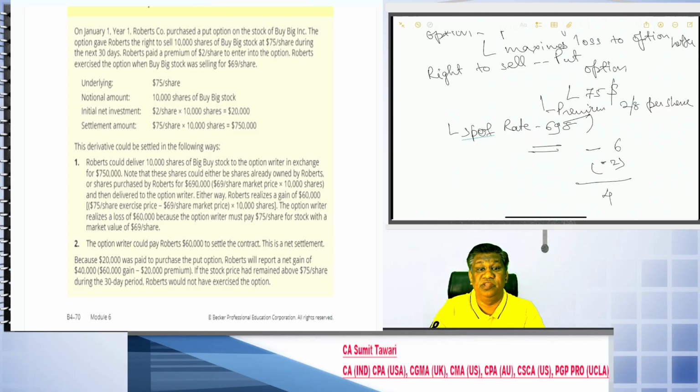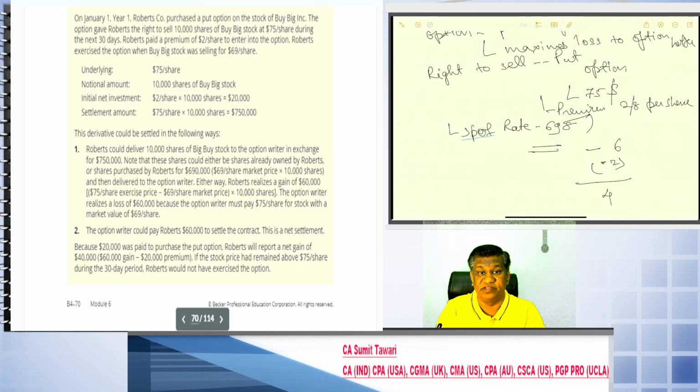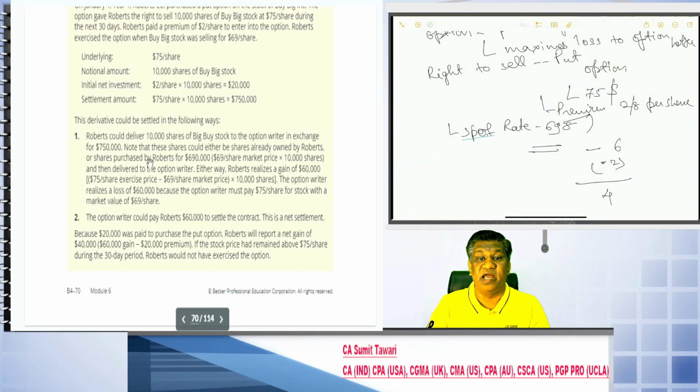The net initial investment is 20,000, and the settlement amount is 7,50,000. Robert could deliver 10,000 Buy Big shares to the option writer in exchange for 7,50,000.